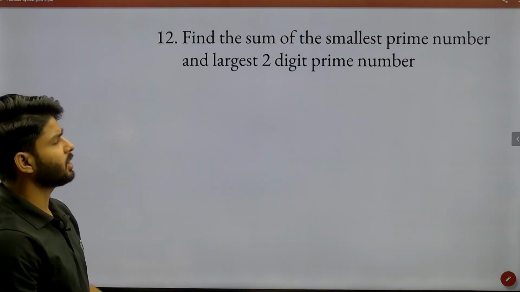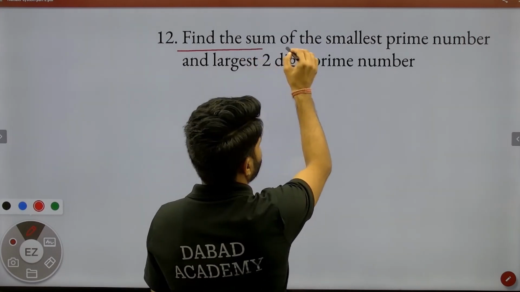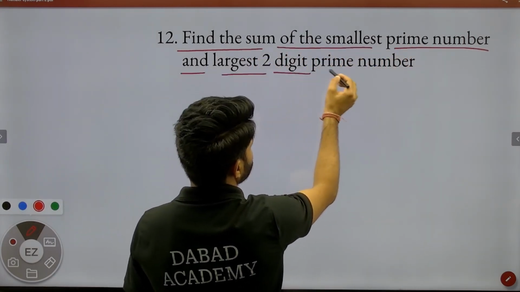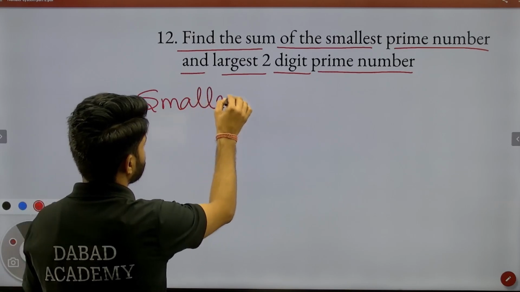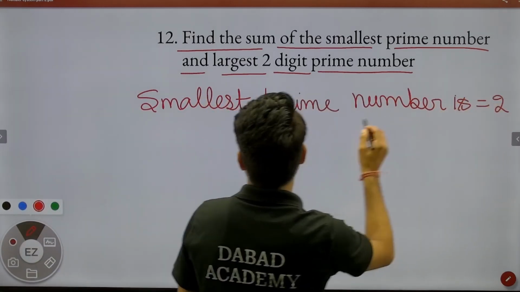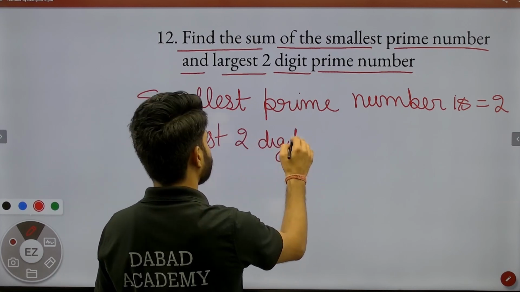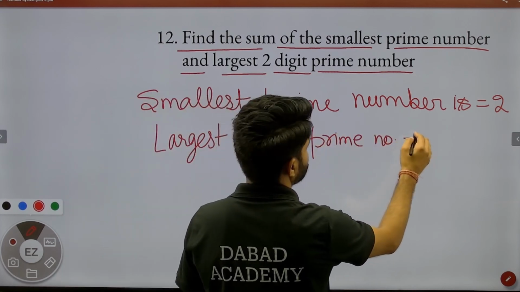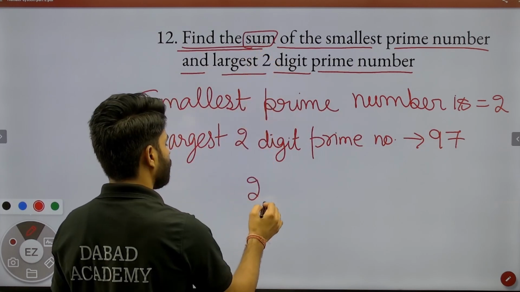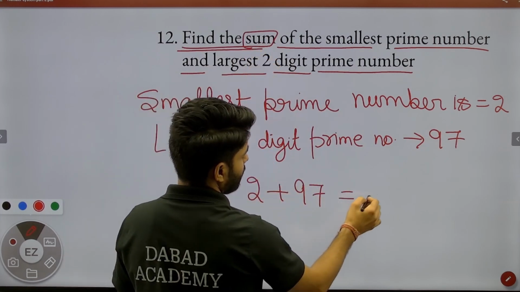Here is question number 12. Find the sum of the smallest prime number and the largest 2-digit prime number. The smallest prime number is 2 and the largest 2-digit prime number is 97. We have to find the sum, and the sum of 2 plus 97 is 99.